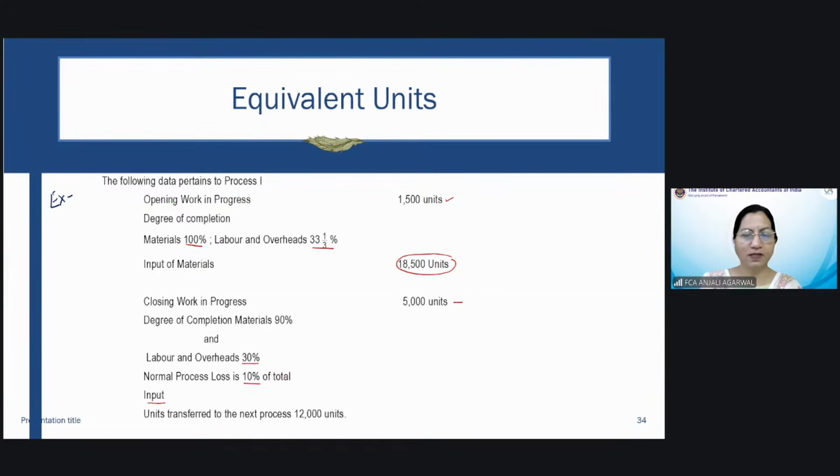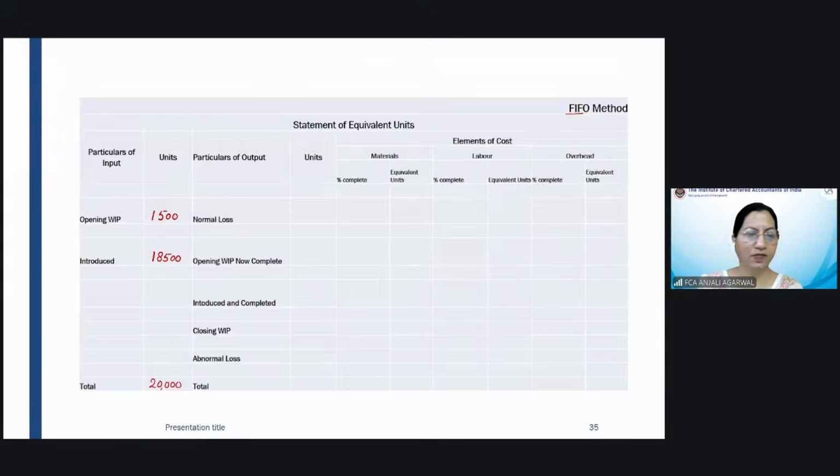So this would be mentioned: normal loss 10% of total input, of current input, or of gross production. Here it is saying of total input. Now we have seen the total input is 20,000. Normal loss at the rate of 10% of total input is 2,000. Agree? Closing WIP was 5,000. So 2 plus 5, 7.